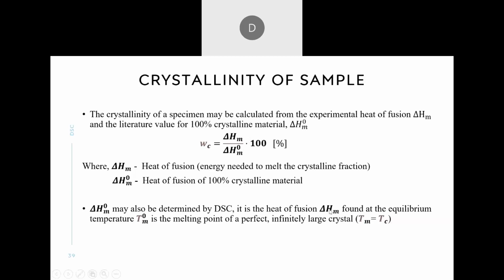As I said earlier, it is nothing but del Hm at the equilibrium temperature, Tm naught, which is the melting point of a perfect infinitely large crystal, where Tm is equal to Tc. So basically it is the heat of fusion for 100% crystalline material.